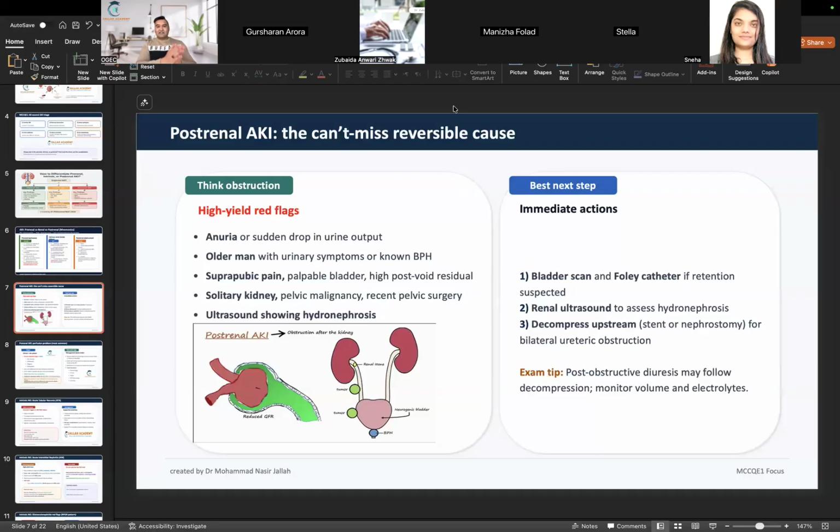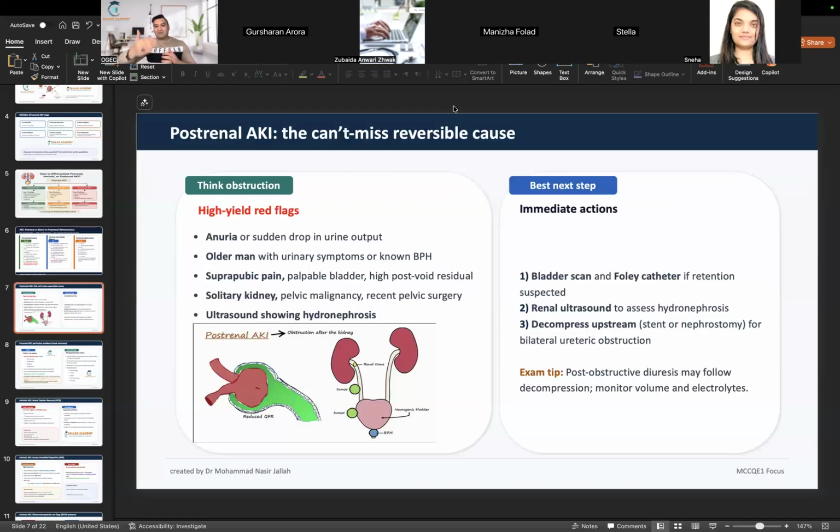And not only that, the patient is not peeing, the patient is elderly, and the patient has suprapubic pain and a palpable bladder. It means the urine is in the bladder, but it's not coming out. So it should tell you that there is a problem with the excretion pathway.